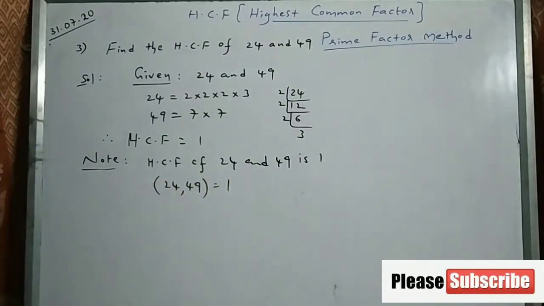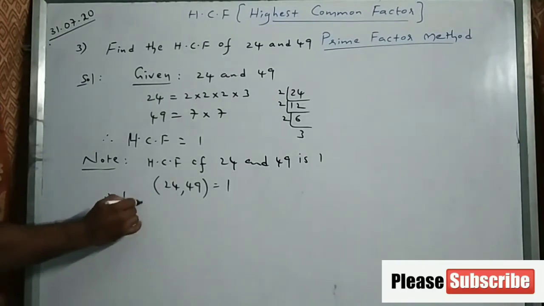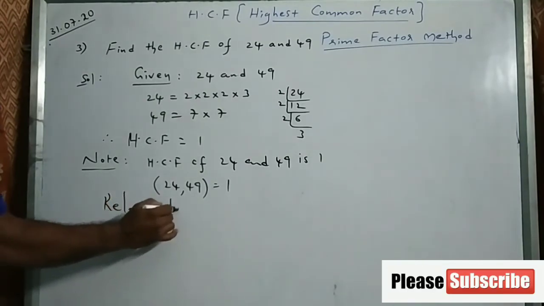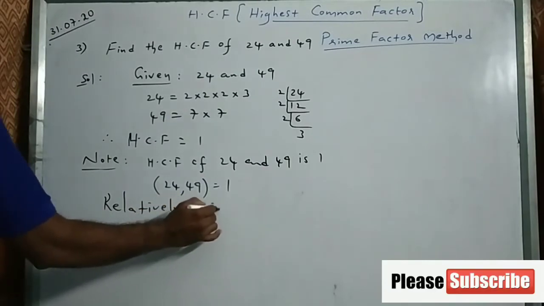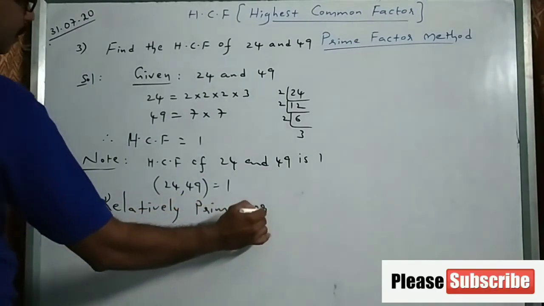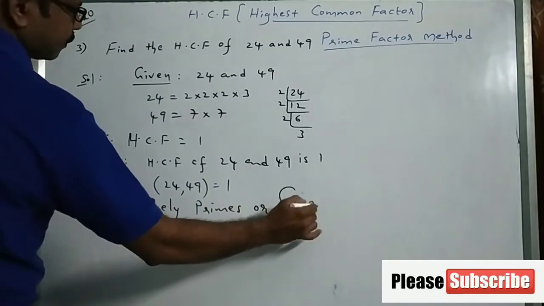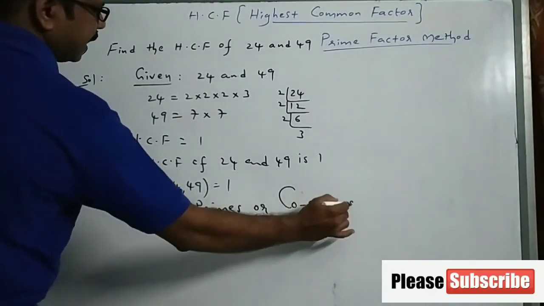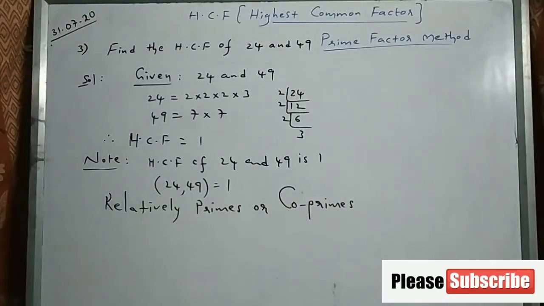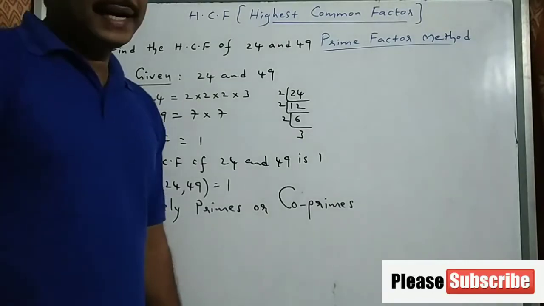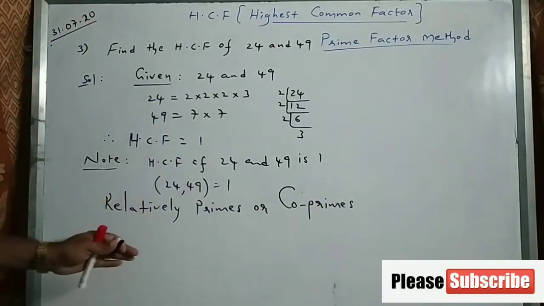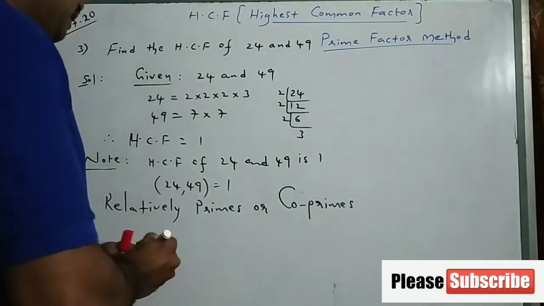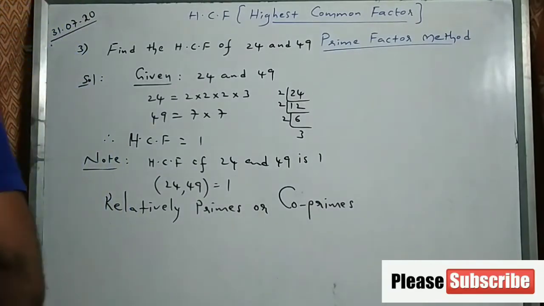If you write like this, they are called relatively primes or co-primes. When we find the HCF, if you get 1, then we say that they are co-primes or relatively primes. Okay?